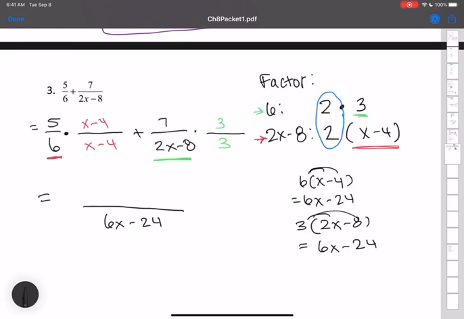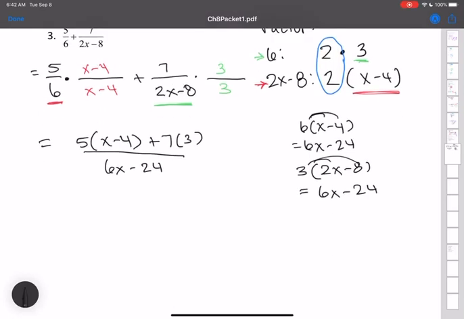Now for the top, 5 times the quantity x minus 4 plus 7 times 3. If you didn't make it this far, go ahead and hit pause and try to finish it off. What you would do next is distribute.